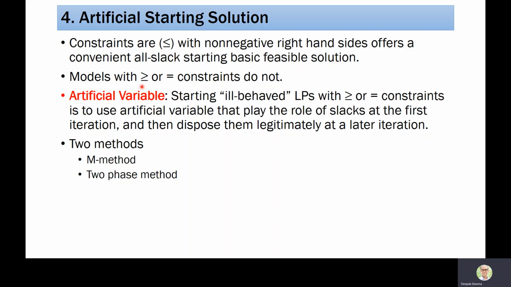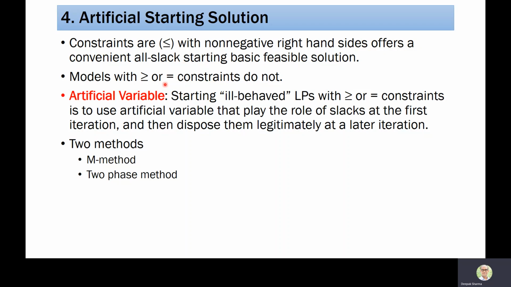But the problem arises when our model has greater than type or equality constraints. Whenever these types of constraints are there, our LP becomes ill-behaved, in the sense that the starting basic feasible solution which we took earlier, the origin, will become infeasible for such a problem.